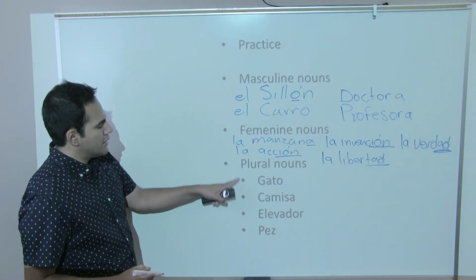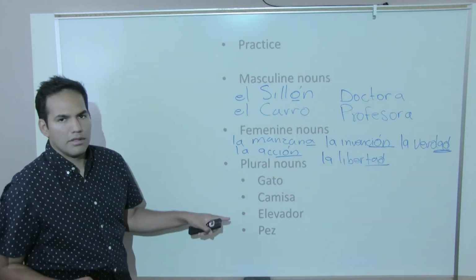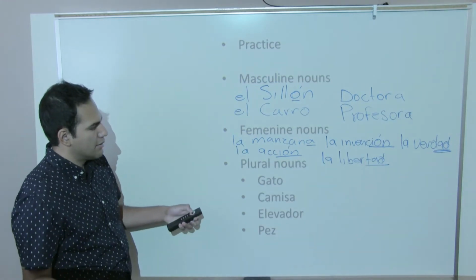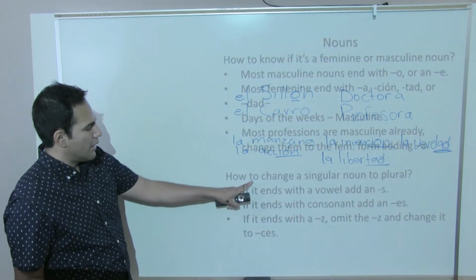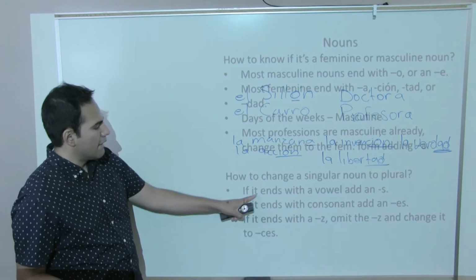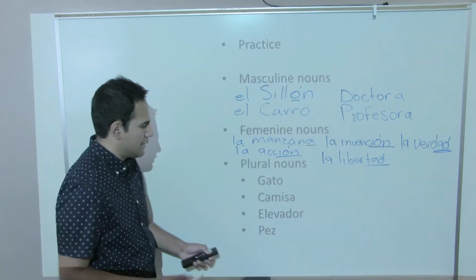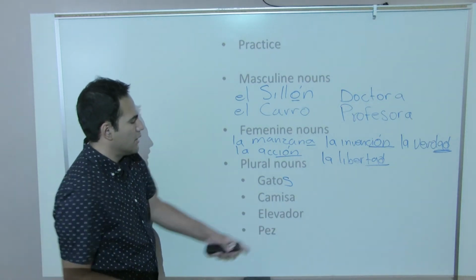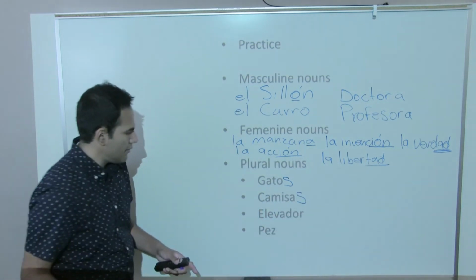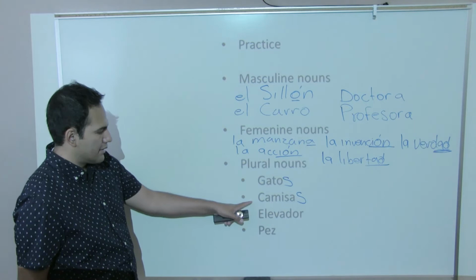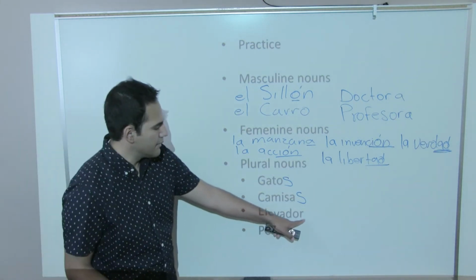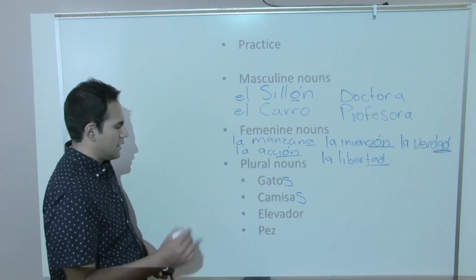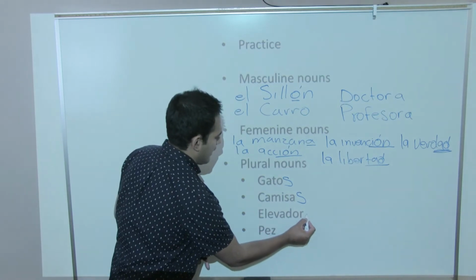Perfect, so now let's change these into the plural form, and let's remember the rules for those. So how to change a singular noun to plural. If it ends with a vowel, just add an S, so here, gatos. If it ends with a vowel, add an S. Gatos, camisas, elevador. If it ends with a consonant, you need to add an ES.